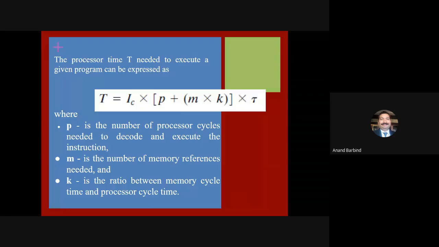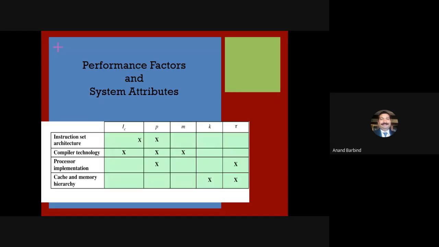And once you calculate the number of cycles, then for all the instructions it is multiplied by the time period of one clock, and from that you get the total time required for execution of the program. So this is another formula you may need to refer to while calculating the performance of the computer.